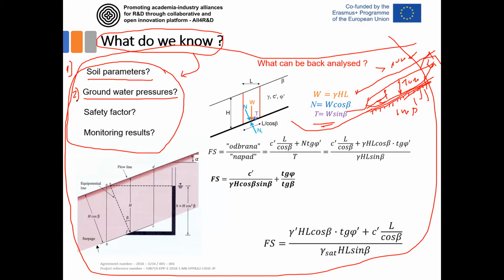We explained that the groundwater pressure influences the stability of the slope. More water in the slope means lower safety factors. When there is no water in the slope, usually there is no sliding as well. The third thing, which we sometimes know in advance and sometimes need to define, is the safety factor. There are some typical conditions, like safety factor equal to 1.